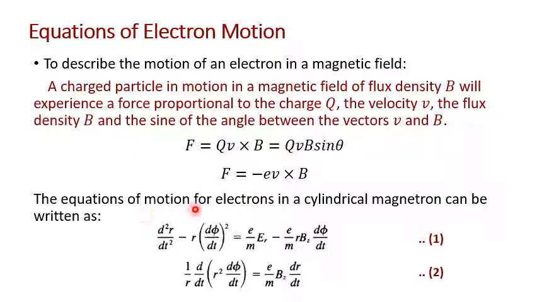The equations of motion for electrons in a cylindrical magnetron are shown here as equations 1 and 2. The first is: d squared r by dt squared minus r times (d phi by dt) whole squared is equal to e by m times E_r minus e by m times r B_z d phi by dt. Similarly, the second equation is: 1 by r d by dt of (r squared d phi by dt) is equal to e by m B_z times dr by dt.